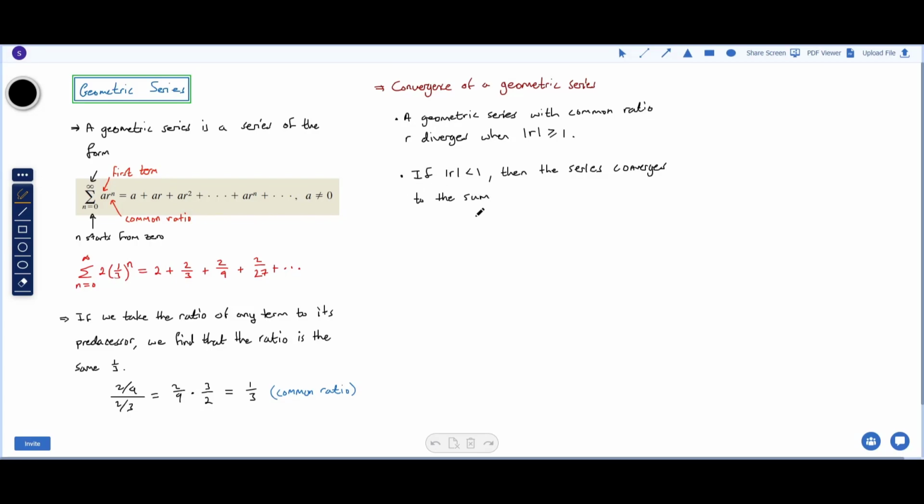So it converges to this sum here: the sum from n equal to 0 to infinity of a times r to the power of n equals a over 1 minus r, when the absolute value of r is less than 1.